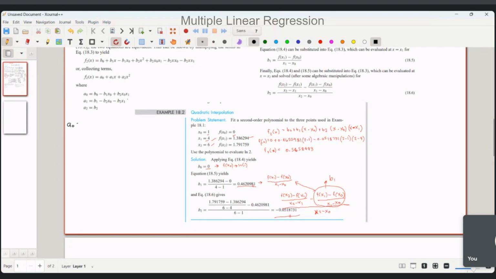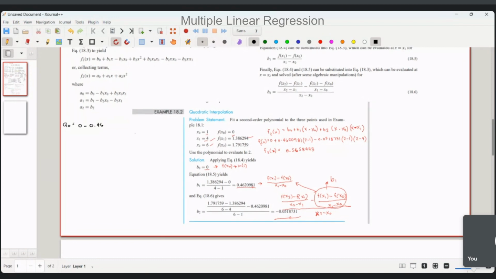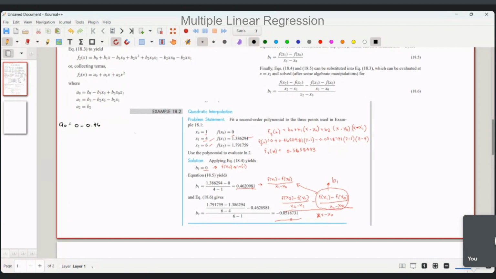A sub 0 is, what's our B0? 0 minus B1, 0.4620981 multiplied by our x sub 0. That's 1 minus, plus the still minus because our B2 is on negative.